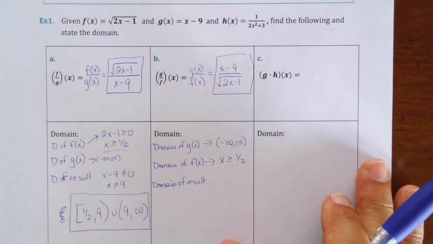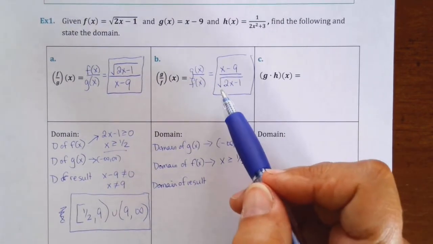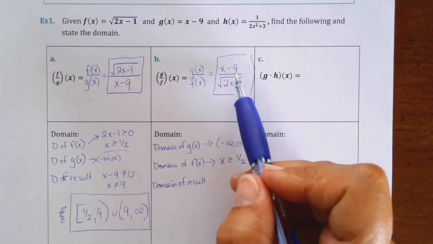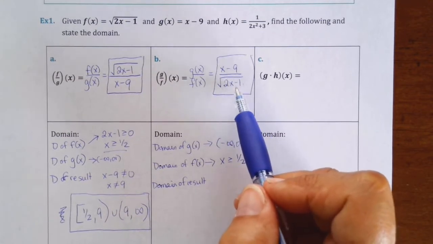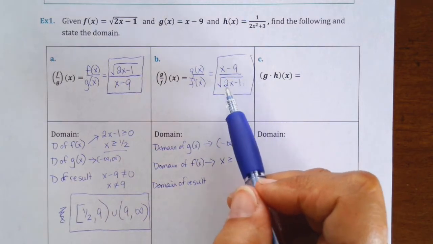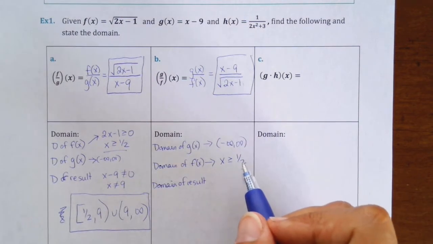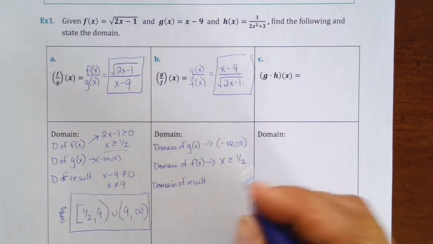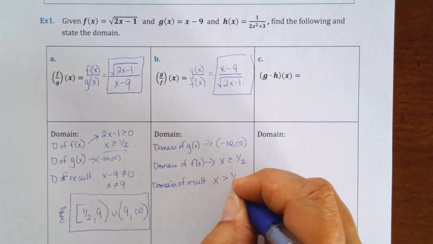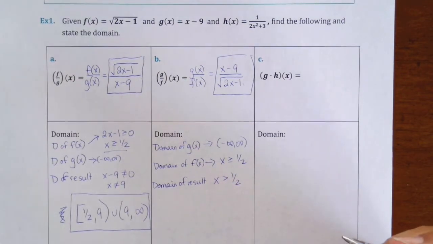Now we have to look at the result. So this is our result. So now this is fine, it's in the numerator, but this cannot equal 0, okay? So all I can have here is that it can only be greater than 1/2, not equal to 1/2. Remember, when it's in the bottom, you take away that equal part. So the result is just greater than 1/2, okay?